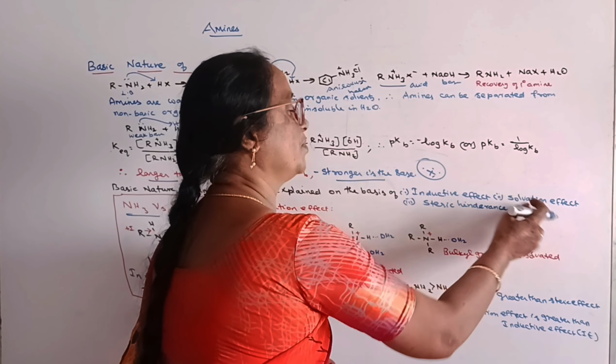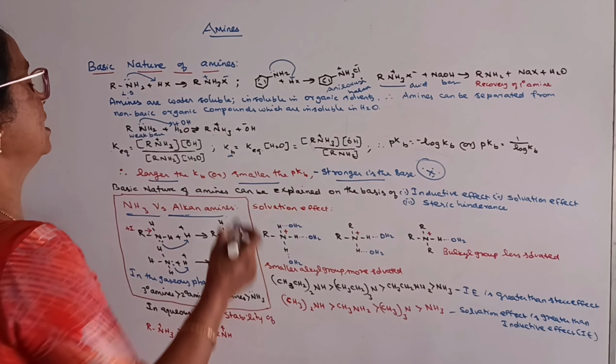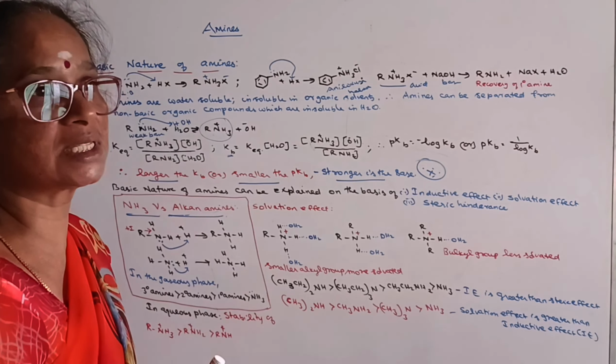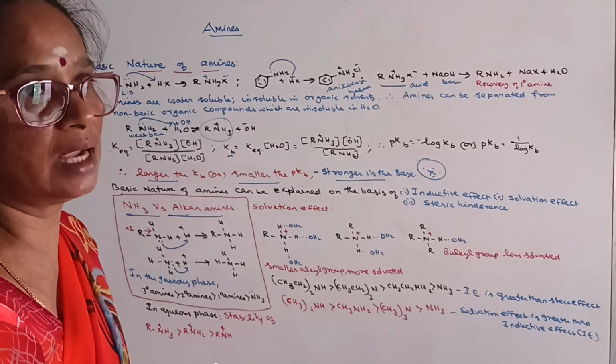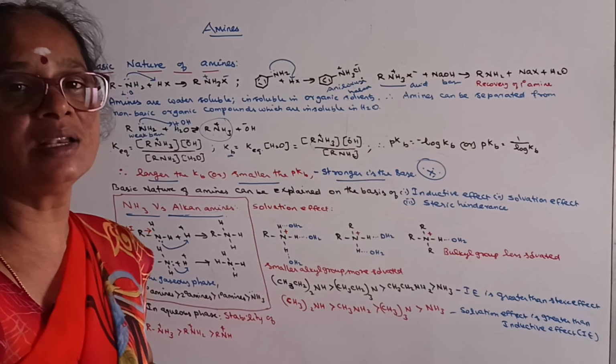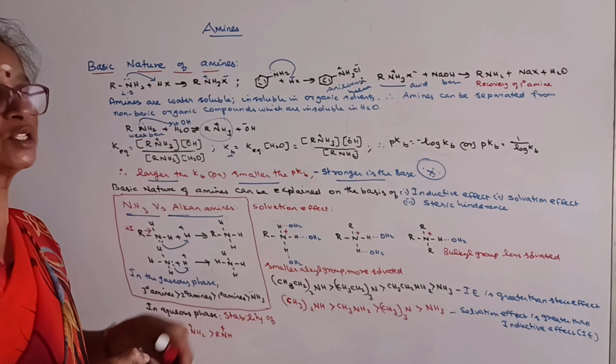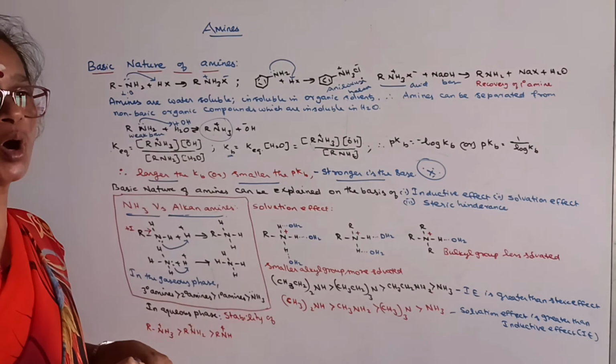Solvation effect. Here the amine group can easily be protonated, so it forms the NH3 plus ion, where the molecules can be solvated when present in the aqueous phase. And steric hindrance. The steric hindrance is based on the size of the alkyl group. We know the methyl group is smaller than the ethyl group, which is smaller than the propyl group.